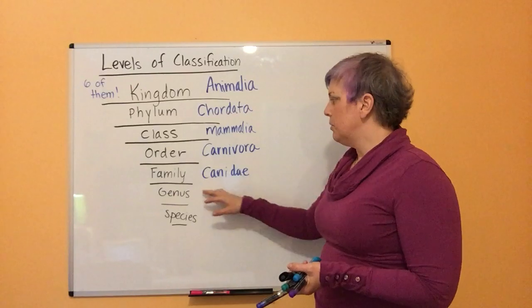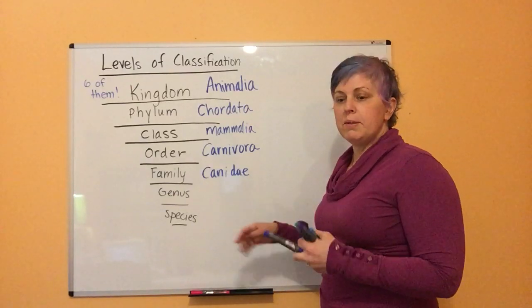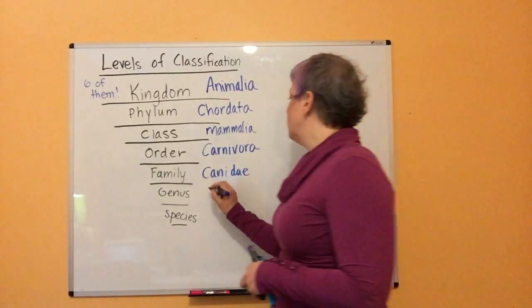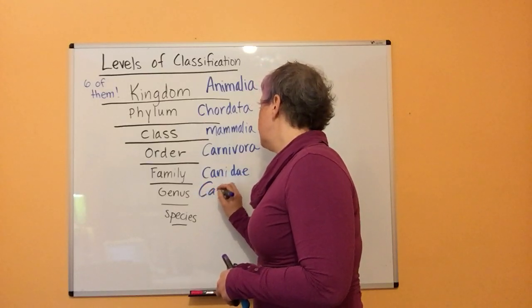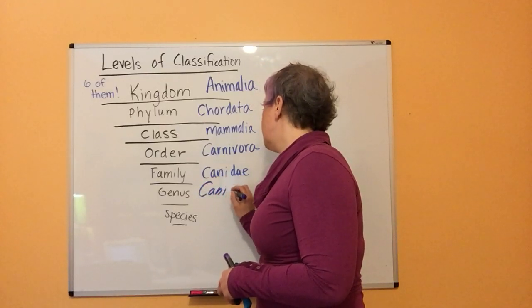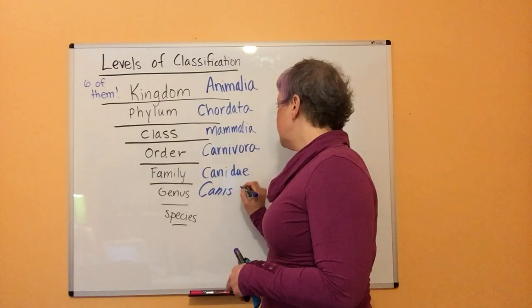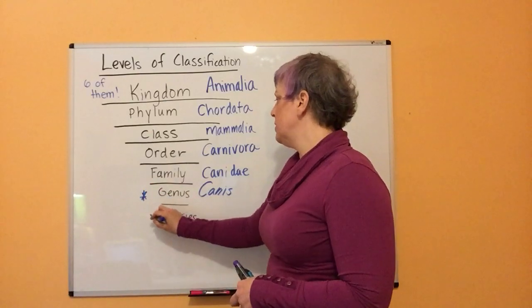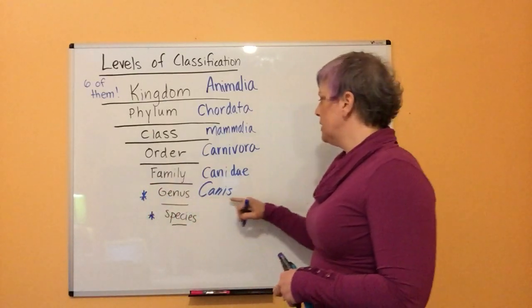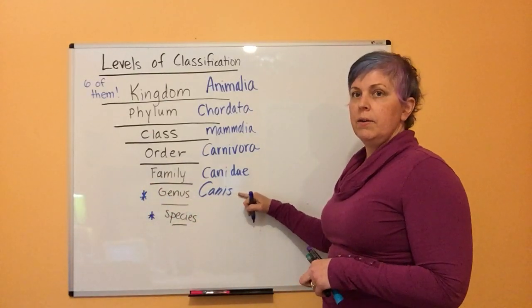But then as we go down to genus, we're becoming more and more specific here. And so the genus for dogs, and I'm going to try to write this in a special way because there is a rule that you guys are going to have to learn for how you write genus and species name. But the genus is Canis. Okay?